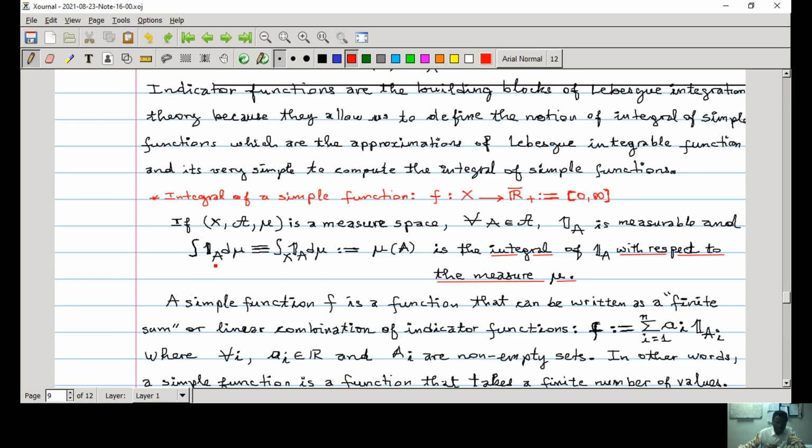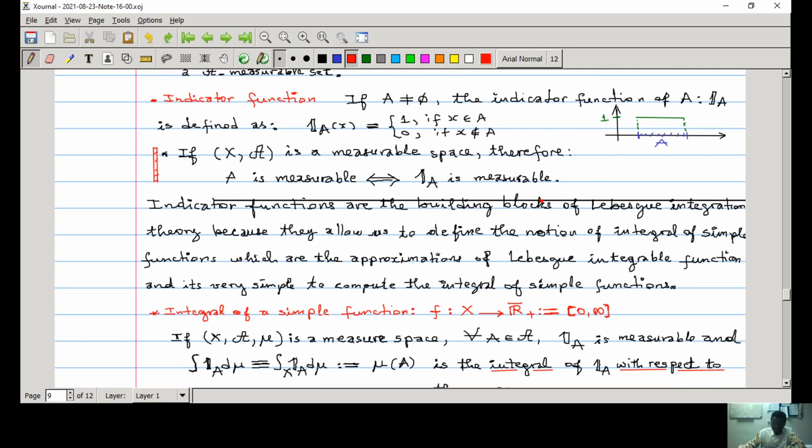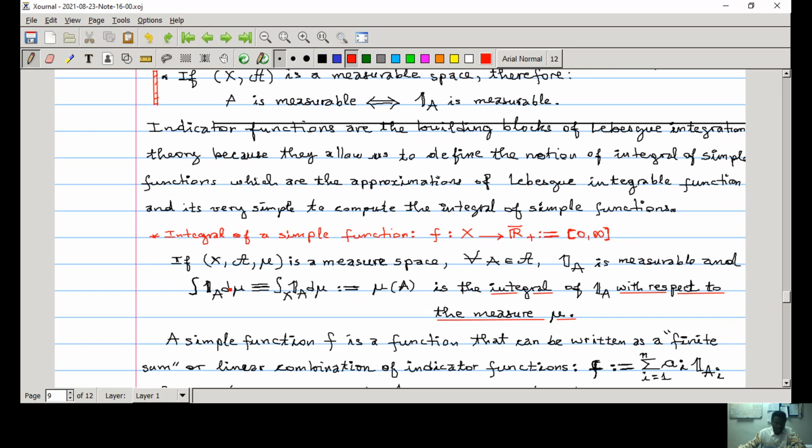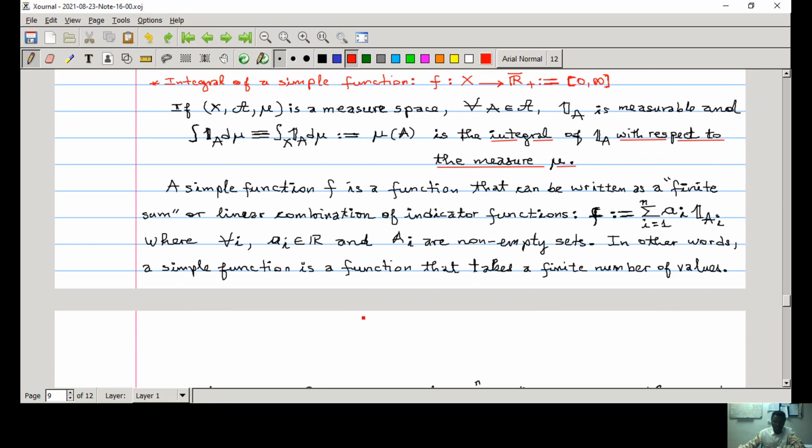Now, if we want to compute the integral, as I already mentioned on top, the integral of an indicator function will just be the measure of that set. Now, for a simple function, as I already defined, we know that the integral is linear. Of course, we are still defining the integral, but we can show that the integral, defined this way, is linear.